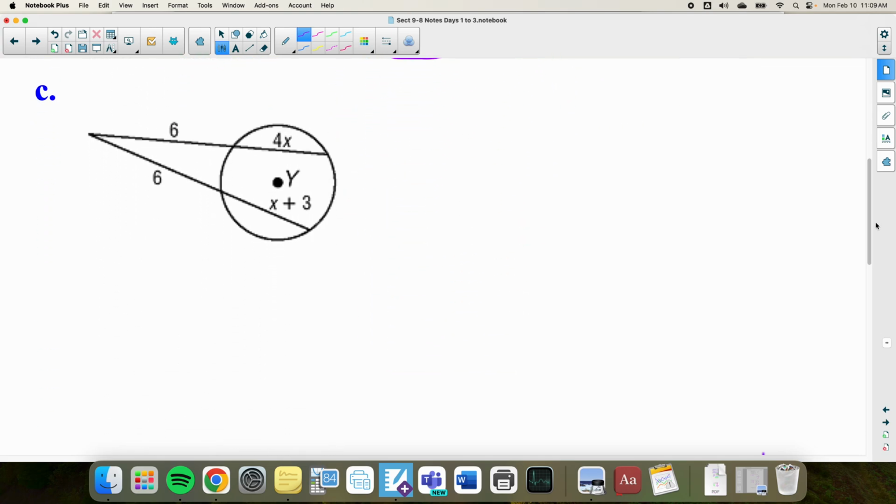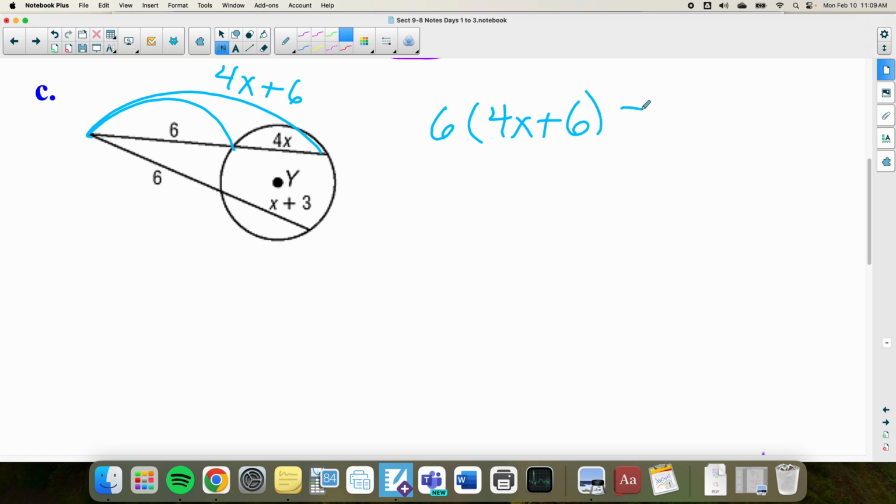All right. Now, if I look at this one, again, what we're doing is we're taking that outside part, which is 6, times the whole thing. And when I add those, I always put the x in front. So I'd write this as 4x plus 6 equals, and then I have 6 times the whole thing.